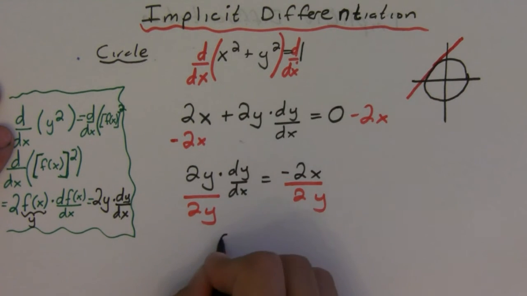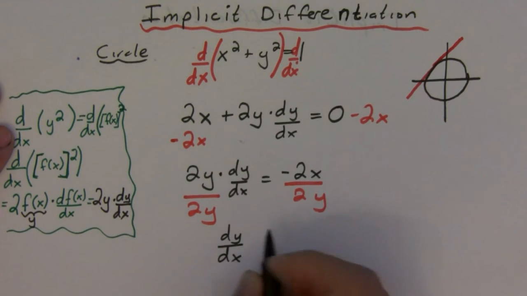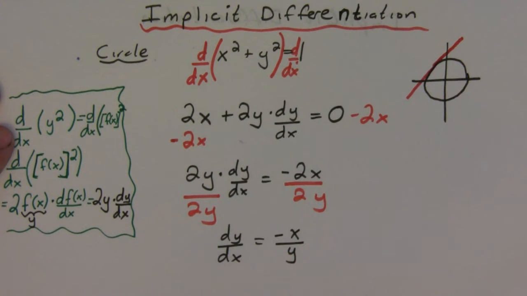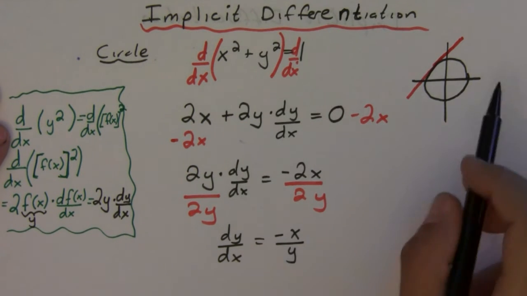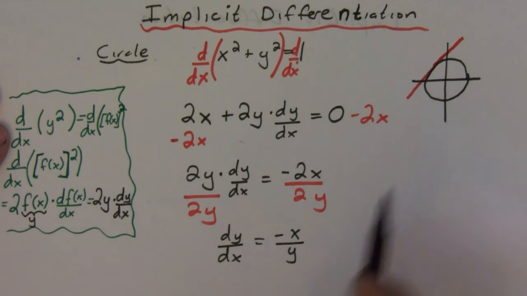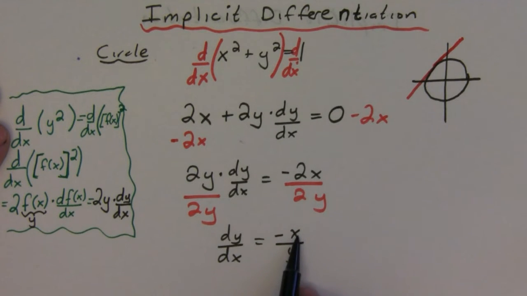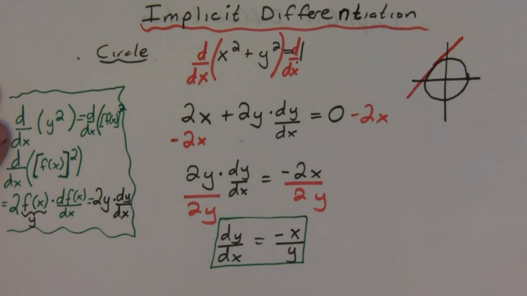And so we get that the derivative of y with respect to x is equal to negative x over y. And so this will give us the slope of the tangent line at any point around the circle given an x and a y value. And so that's how you do implicit differentiation.